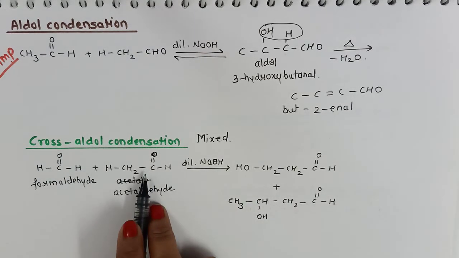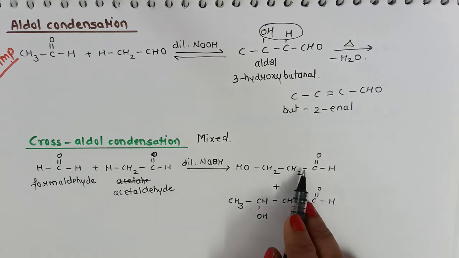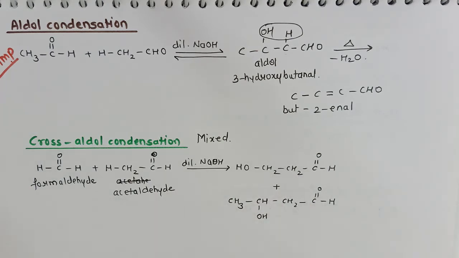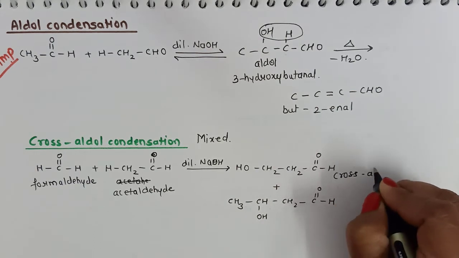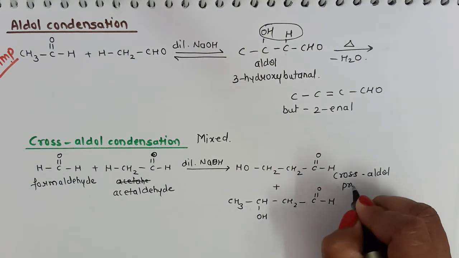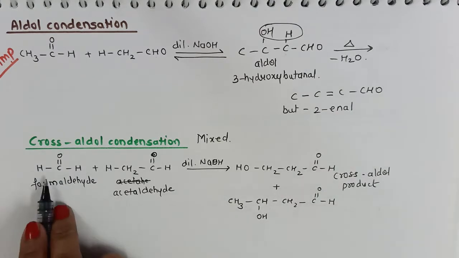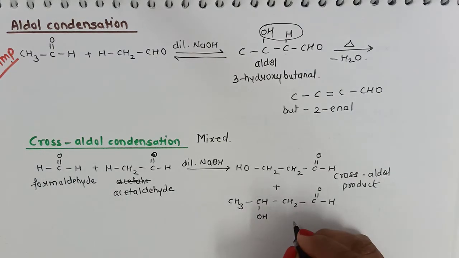Now when they are treated with each other in presence of dilute NaOH, we will get 2 different types of product. One will be cross aldol product, which will be obtained from the reaction between these 2 aldehydes, and one will be simple aldol product.